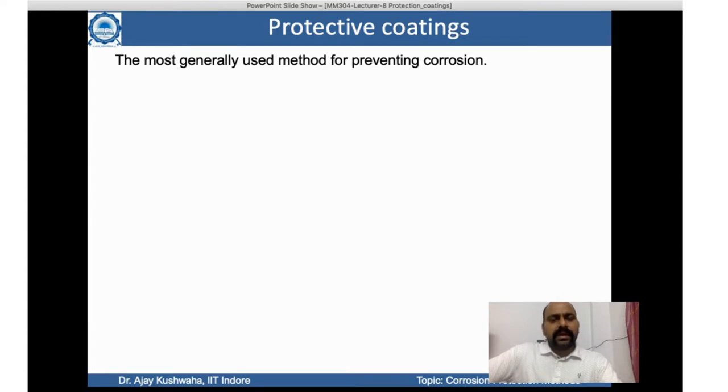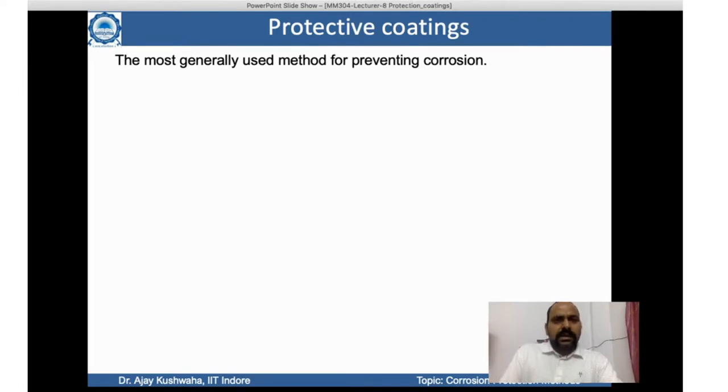It works as a barrier layer so that the medium does not interact with the metal and metal alloy, and it protects the metal from degradation or corrosion. Moreover, it also gives a better look to the equipment or device.